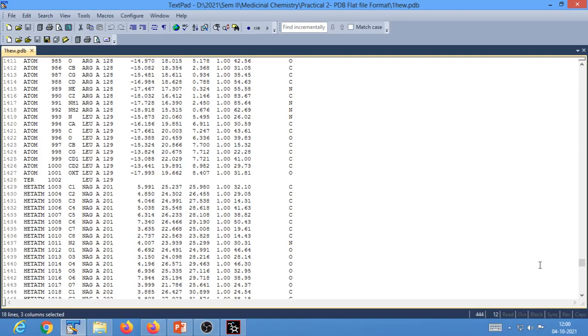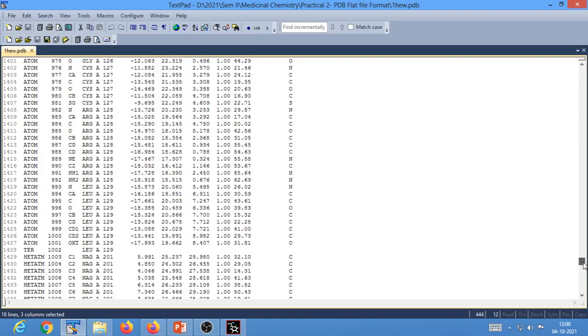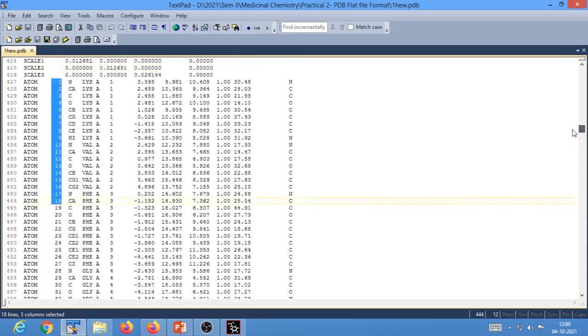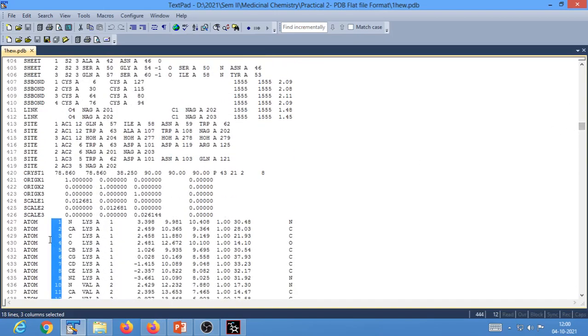So now I think it is clear that the line information is continuous throughout the PDB file. The atom information that corresponds to the structural information of the first atom, second atom, third atom is indicated over here, and you can get how many atoms are there in your protein molecule from here.